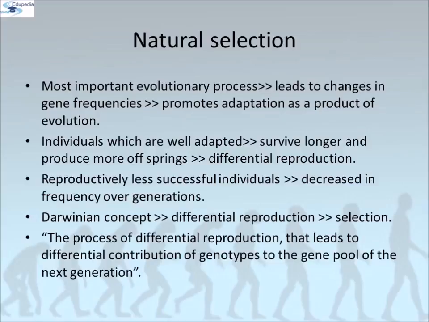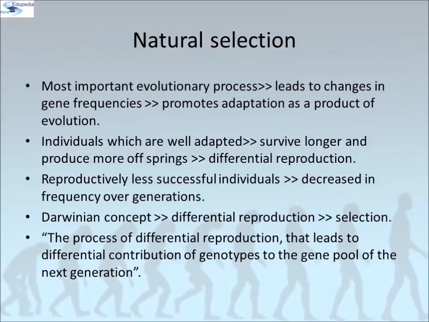Through such differential reproduction, adaptive genes or alleles are selected for transfer to the next generation and thus increase in frequency over generations, while the genes which are less adaptive, being present in reproductively less successful individuals, fail to get selected and decrease in frequency over generations.